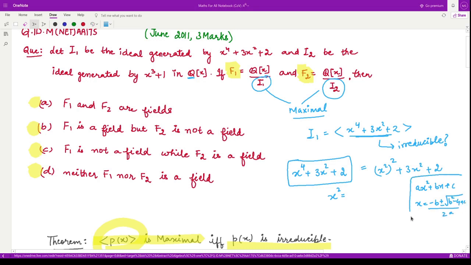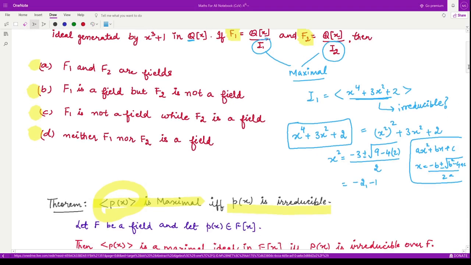Here we would have minus 3 plus or minus the square root of 3 squared, that is 9, minus 4 into 1 into 2, divided by 2 into 1. So it is simply 2. When you solve this, you will get minus 2 and minus 1.